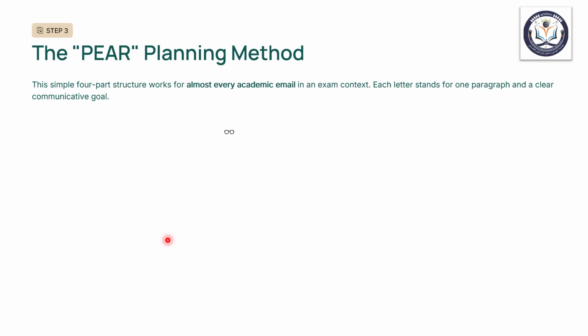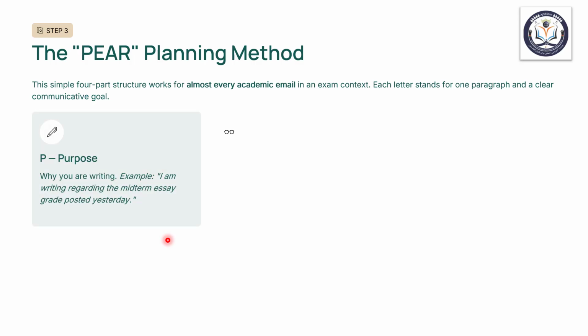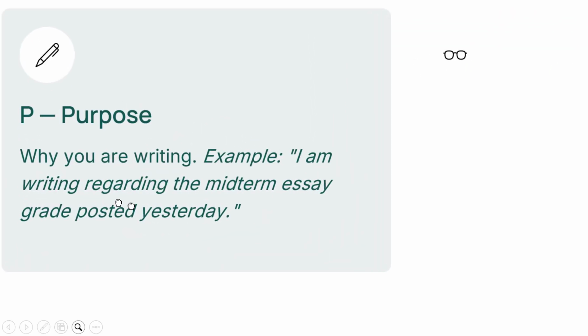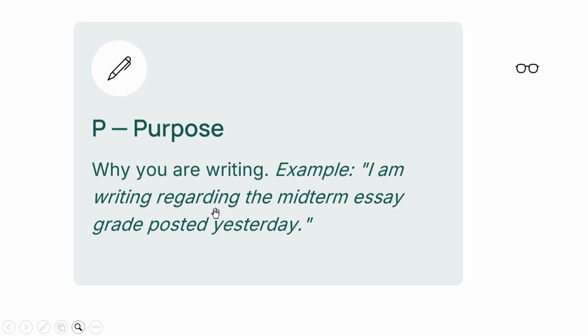So what is the PEER planning method? In PEER, P is taken from purpose. When writing the email, first of all, write down the purpose of your email. Why you are writing the email. As an example, regarding this response, we can write: I am writing regarding the midterm essay grade posted yesterday.